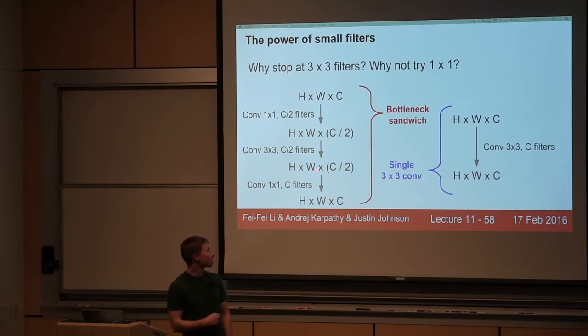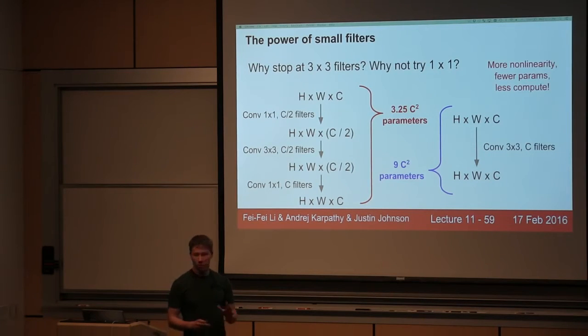We can compare this bottleneck sandwich to a single 3x3 convolution with C filters and run through the same logic. I won't force you to compute this in your heads, but you'll have to trust me that this bottleneck stack has 3¼ C² parameters, whereas the single 3x3 has 9C² parameters. And again, if we put ReLUs between each of these convolutions, then this bottleneck sandwich gives us more nonlinearity for fewer parameters.